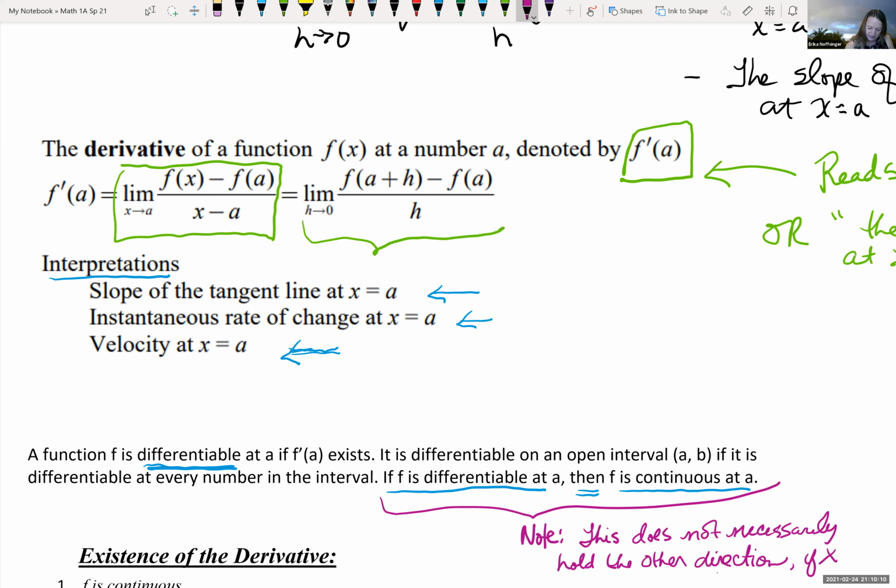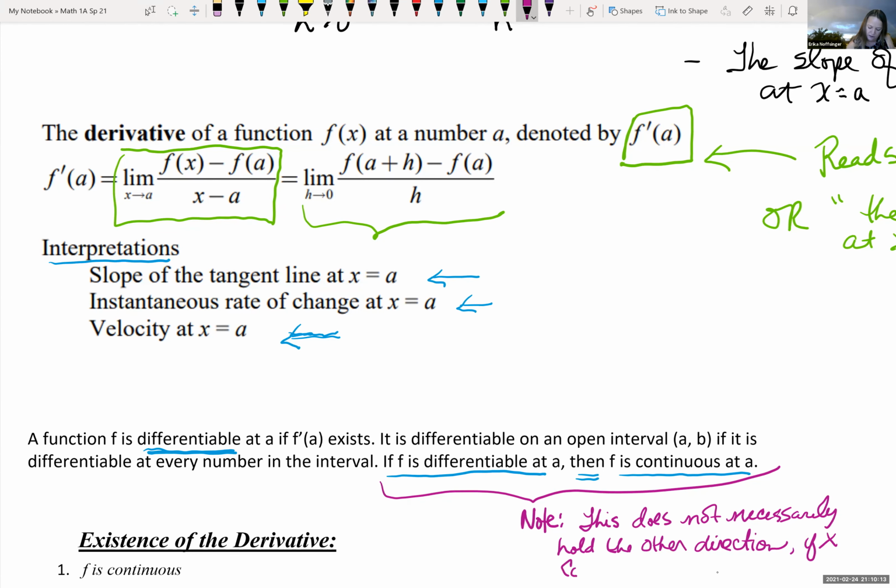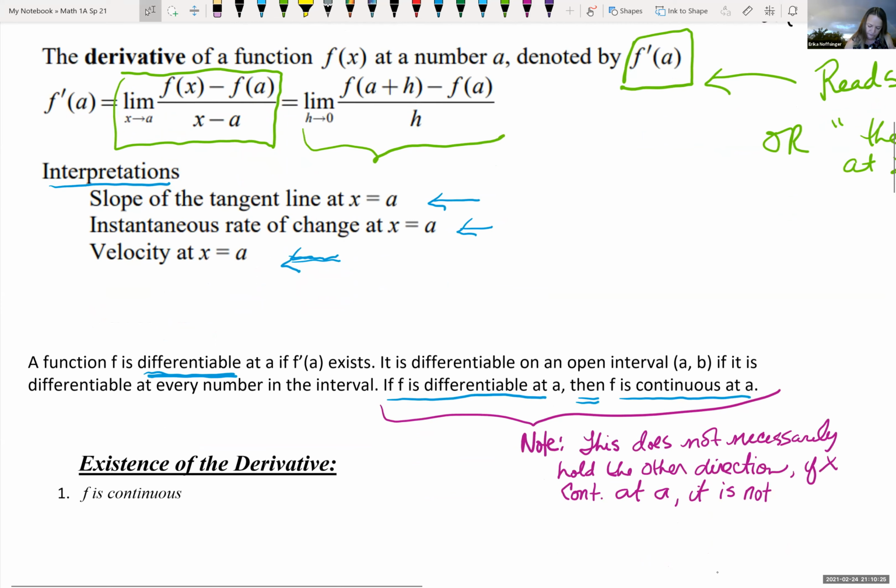If f is continuous at a, it is not necessarily differentiable at a.